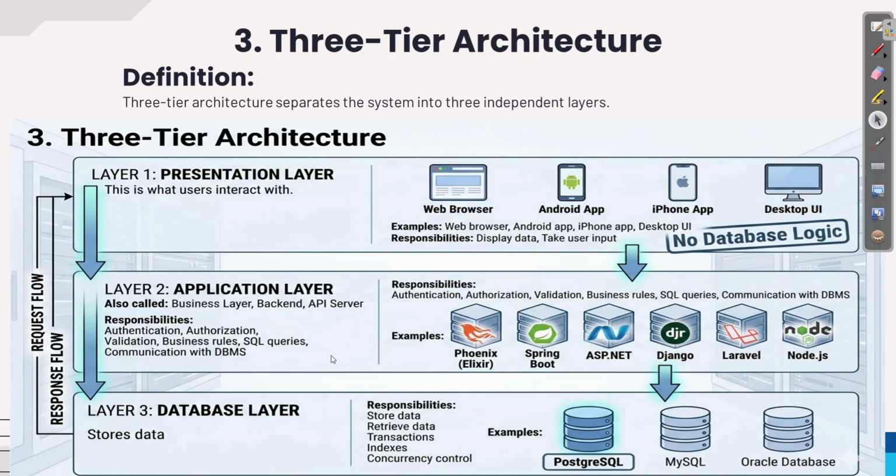Business rules are implemented here in the application layer, along with SQL queries and communication with the DBMS. This application layer directly communicates with the database. The presentation layer sends the query through the REST API to the application layer.